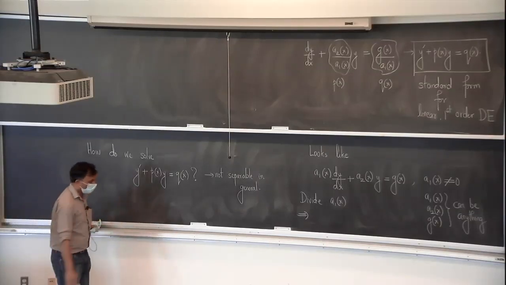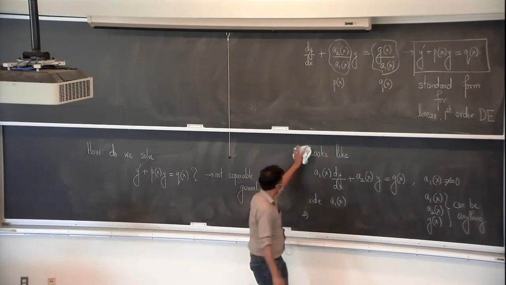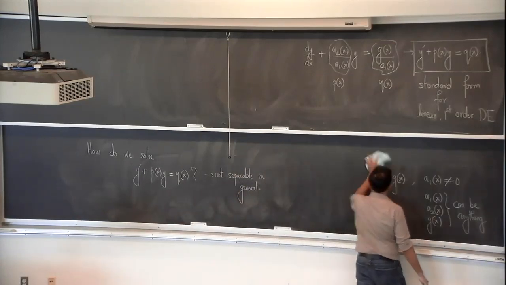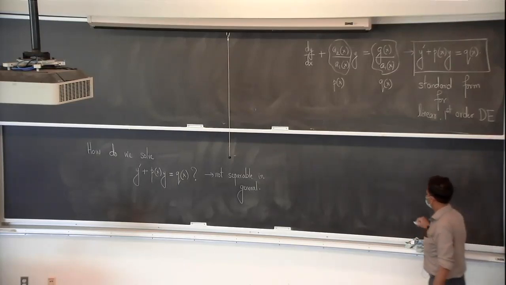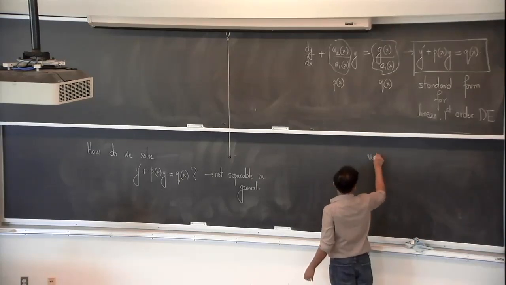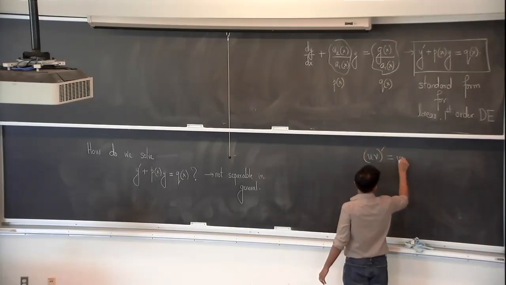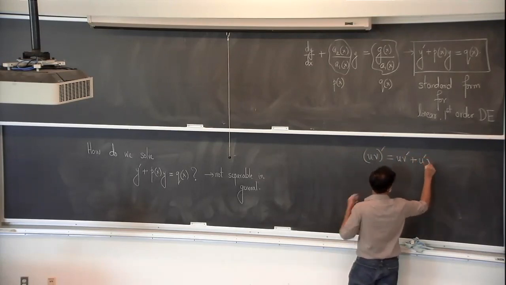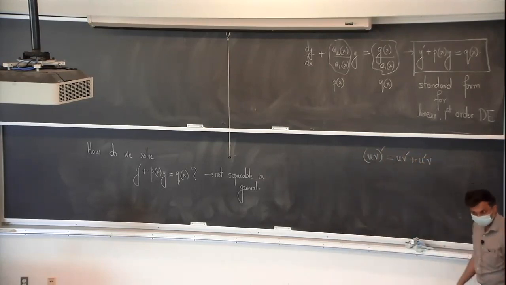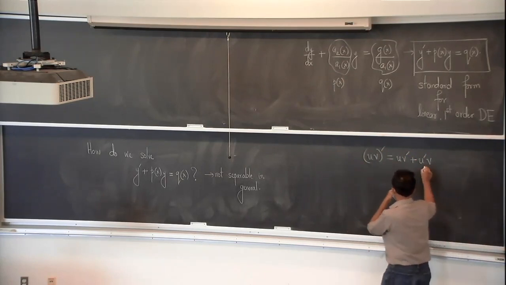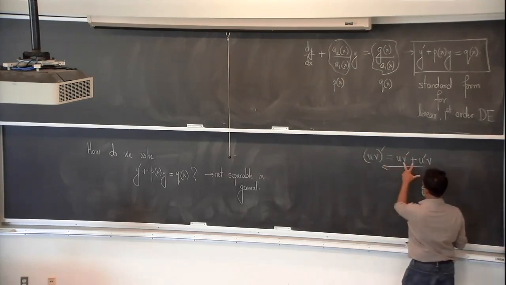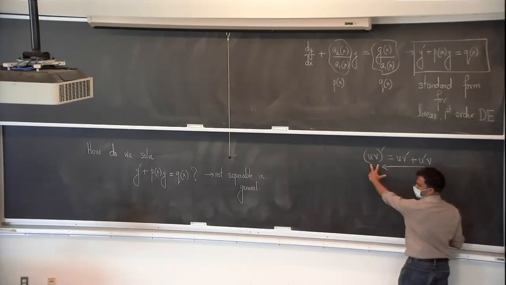So then what is the other option? I hope all of you remember this. If you have a product of two functions here, and if you take the derivative, we know the product rule. So what you're going to do now is work this backwards. If you have a set of terms written like this, we could write it as a single derivative.